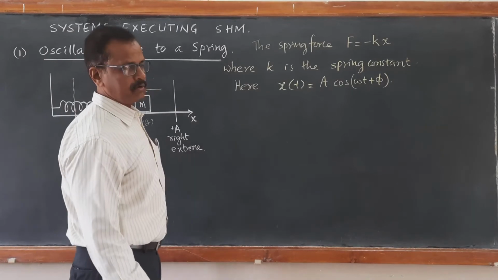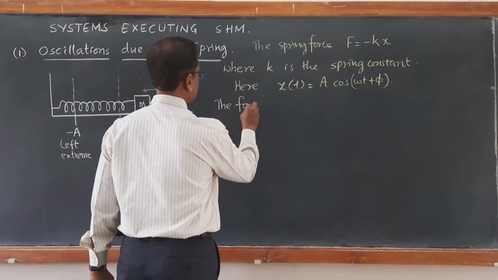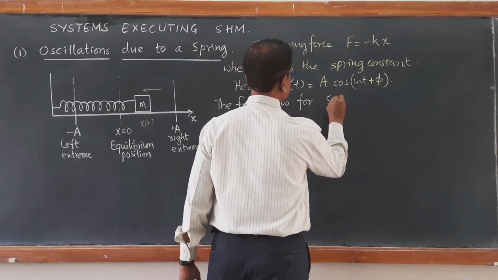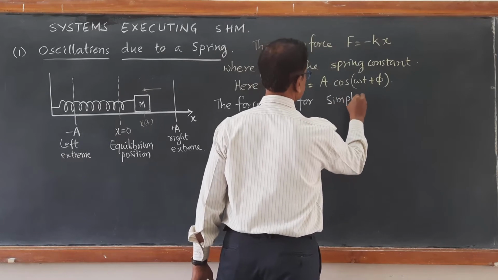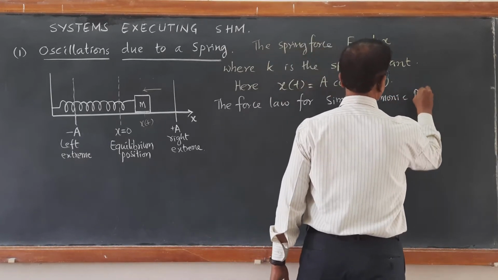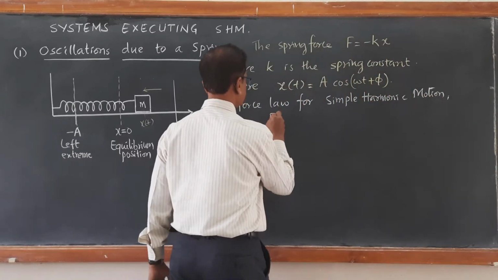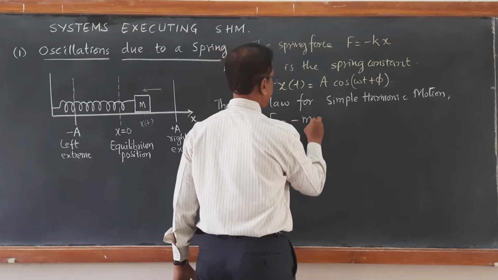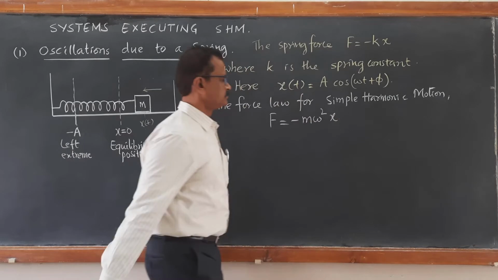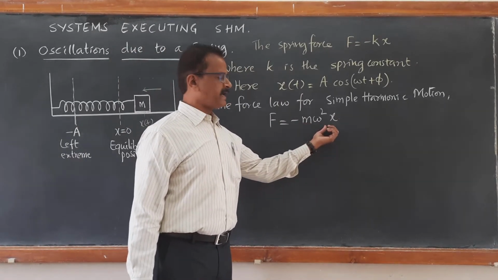Then the force law for simple harmonic motion. We know F is equal to minus m omega square x, where m is the mass and minus omega square x is the acceleration.